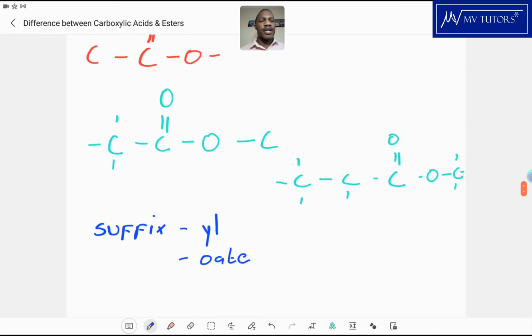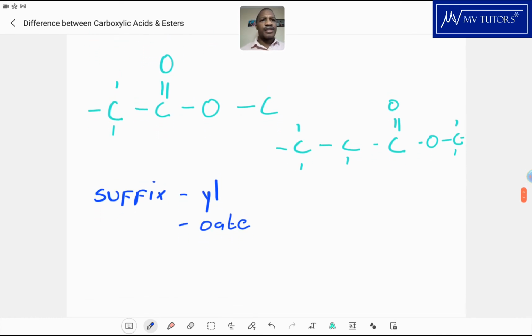Okay, so in naming this one, this is actually how you spot the difference. With the yl, you look at, see, we've got 2 O's here. We've got the one that's double bonded and the one that's single bonded. With the single bonded one, which is this one, you start with how many C's does the single bonded one have? It has 1. So 1 is meth. So that makes it a methyl.